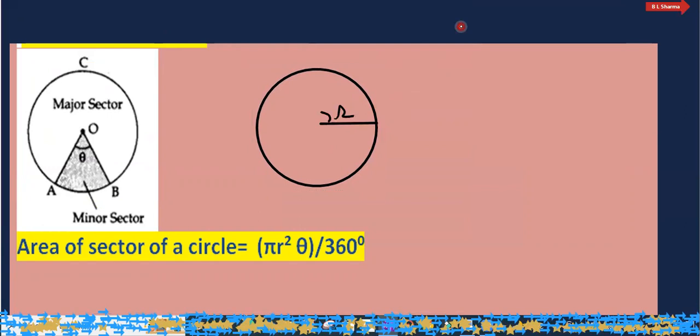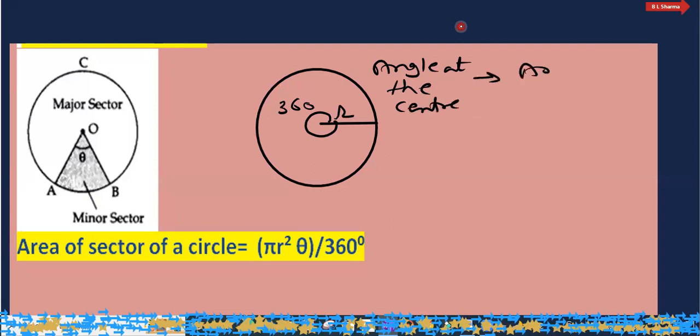So the angle at the center is 360 degrees, and the area is that of the complete circle, which will be given by pi r square, because we know that the area of the circle is pi r square.